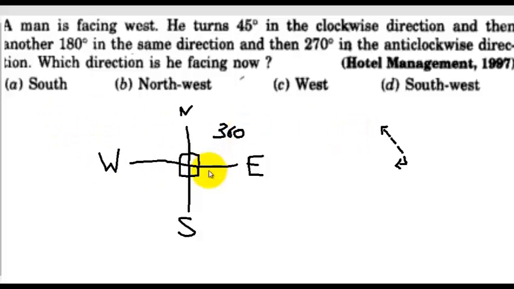Look at this: 45 degrees comes here, 90 degrees this one. From here, 45, 90, 135 and 180. So moving clockwise, he comes here.